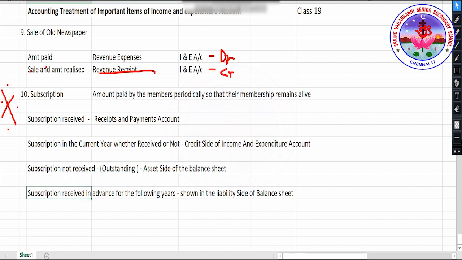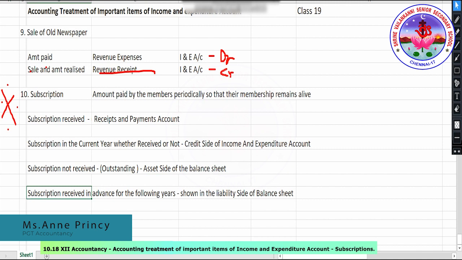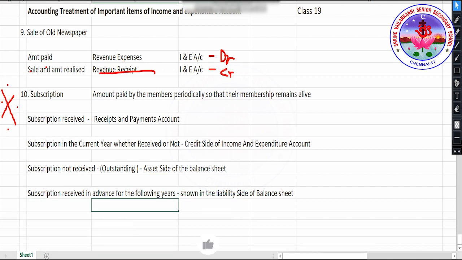Then subscription received in advance for the following year is shown on the liability side of the balance sheet. I hope this is clear. We'll be doing a problem related to this in the next class.